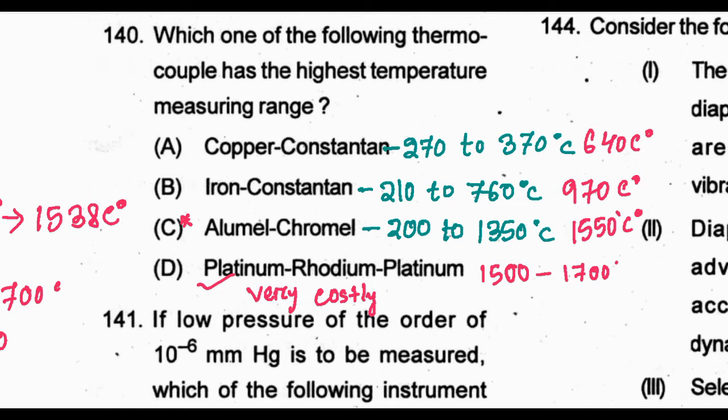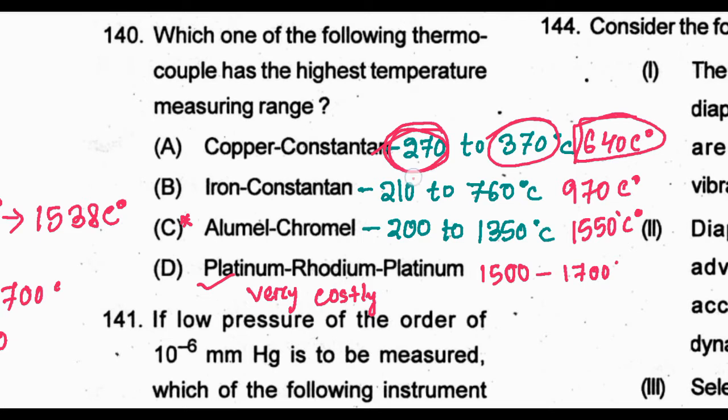For copper constantan, the range is generally minus 270 degrees Celsius to plus 370 degrees Celsius. And what is the range? The range is 460 degrees Celsius. Next is iron constantan, and what is the iron constantan range?